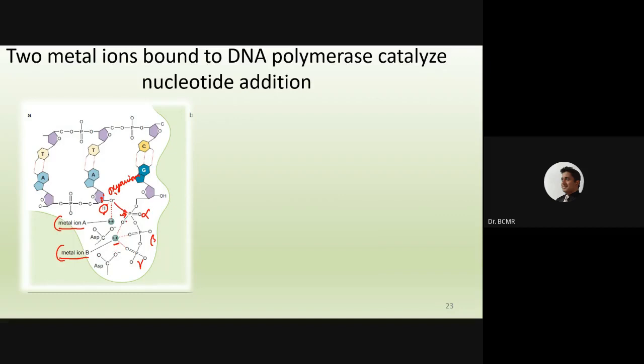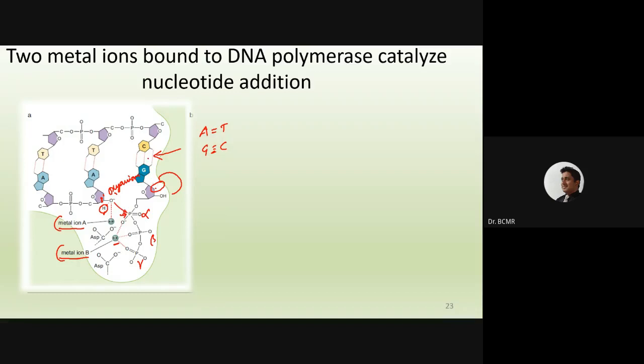All this happens if the discriminator region allows it. There are two things here. One is that the hydrogen bonding should be correct for AT or GC interaction. The second is that it should not be a ribose; it should be a deoxyribose.